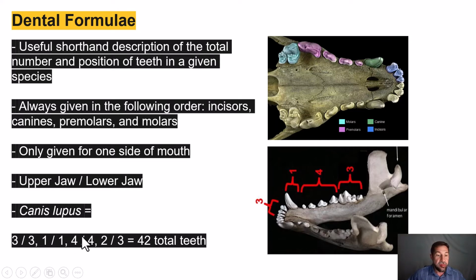Then we have 4 premolars on top, 4 premolars on bottom, 2 molars on top, and then 3 molars on the bottom. So that's a total of 42 teeth on the wolf.